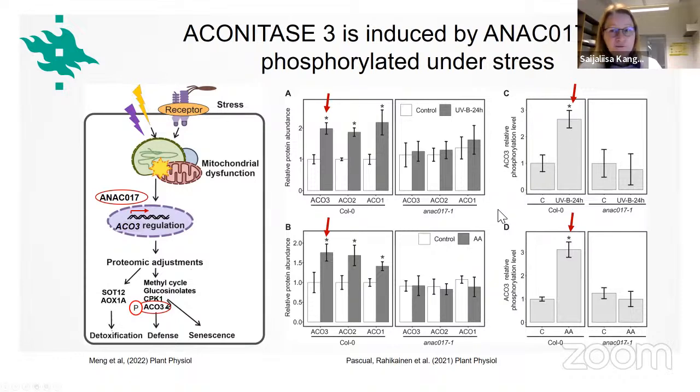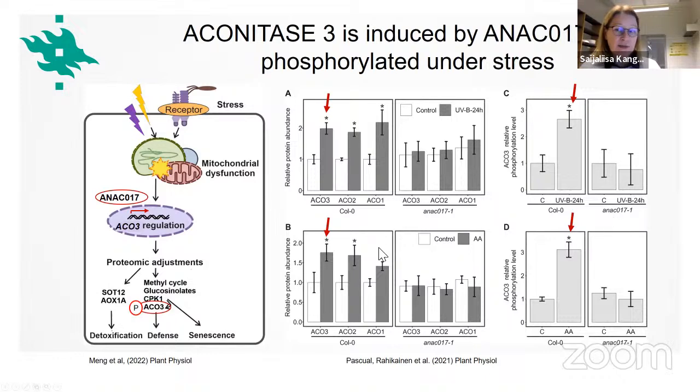And none of these regulatory actions took place in the ANAC17 knockout mutants. So when this key transcription factor is missing from a knockout mutant, we don't see the increase in the aconitase isoform abundance, and we don't see an increase in the phosphorylation level either. So there's some interesting signaling going on.